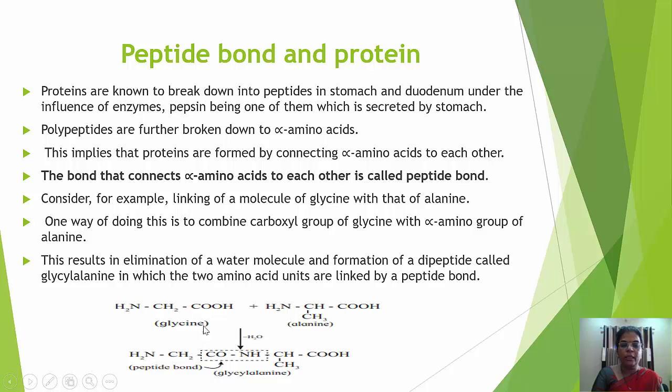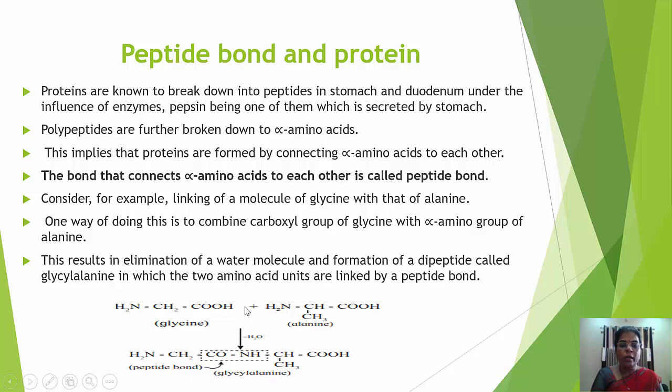NH2CH2COOH, this is glycine, and NH2CH3COOH is alanine. Now here reaction between the COOH group of glycine and NH2 group of alanine takes place. Here removal of a water molecule is carried out to form CONH linkage. This CONH linkage is called peptide linkage. This is peptide linkage or peptide bond, and this compound formed is glycylalanine.